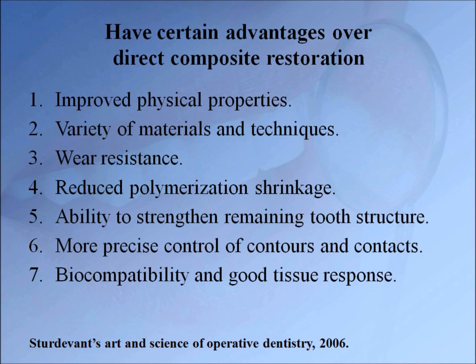Number two, variety of materials and techniques. Number three, wear resistant. Number four, reduced polymerization shrinkage. Number five, ability to strengthen remaining tooth structure. Number six, more precise control of contour and contacts. Number seven, biocompatibility and good tissue response.